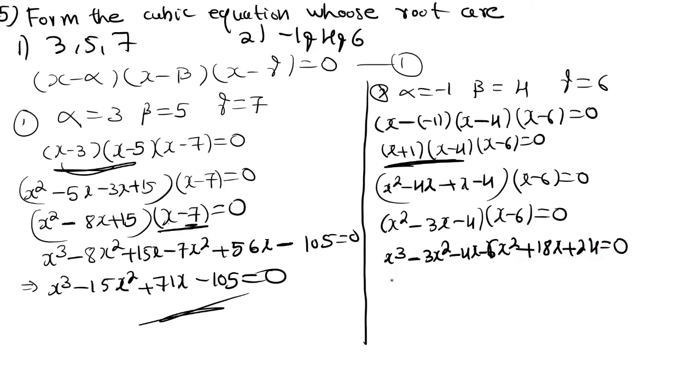So again simplify this one. x cube minus 3x square minus 6x square is minus 9x square, minus 4x plus 18x is plus 14x, plus 24 is equal to 0.